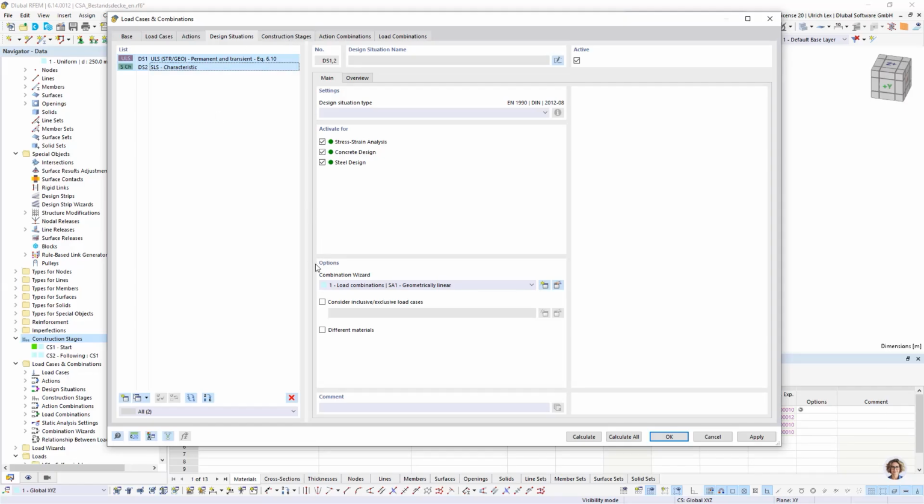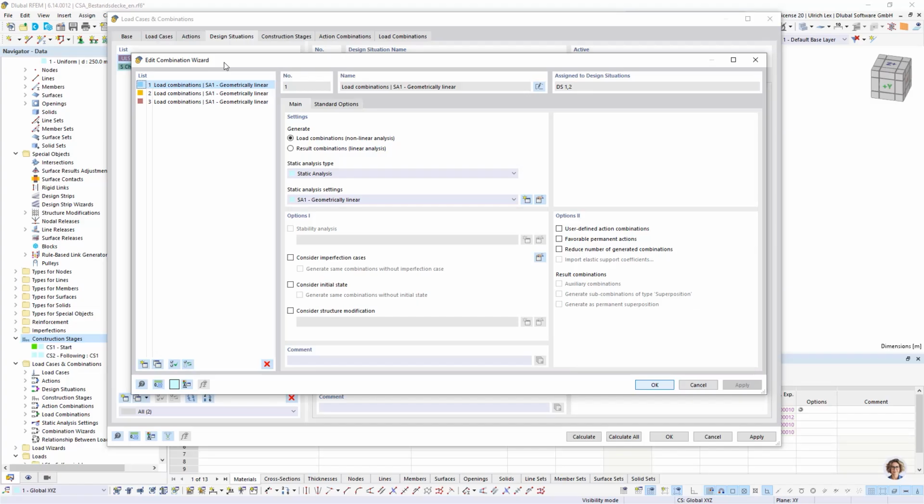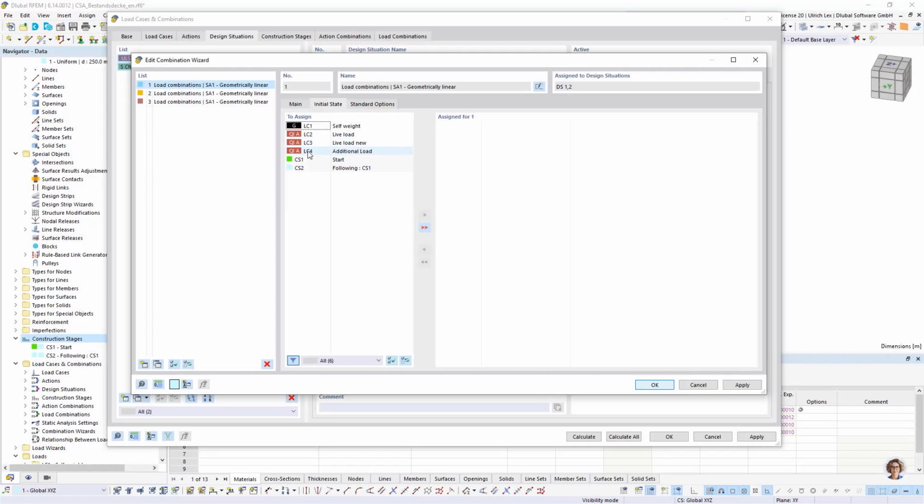Here I can use the combination wizard. When I modify this wizard, I have the option to consider here an initial state. And here I can choose stage 1.